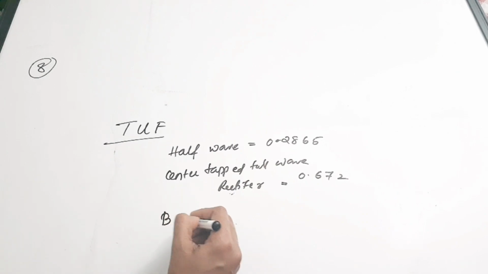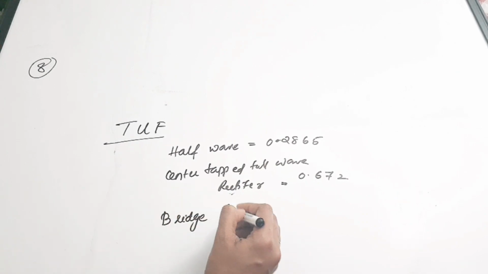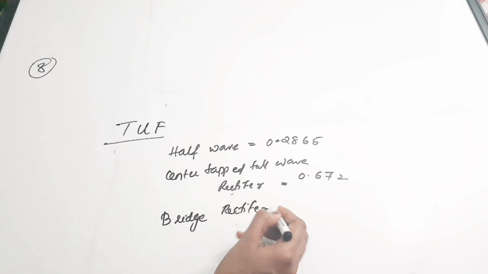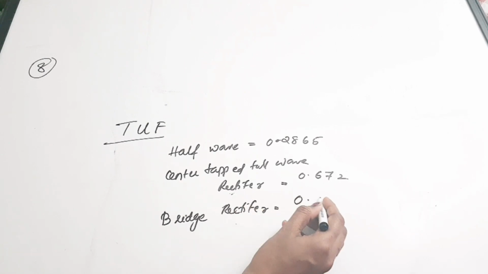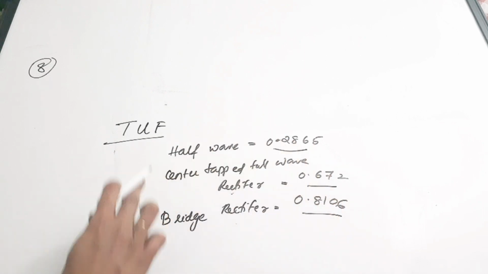Then for a bridge rectifier, its value is equal to 0.8106. So these are the values for half wave, center tapped full wave and bridge rectifier.